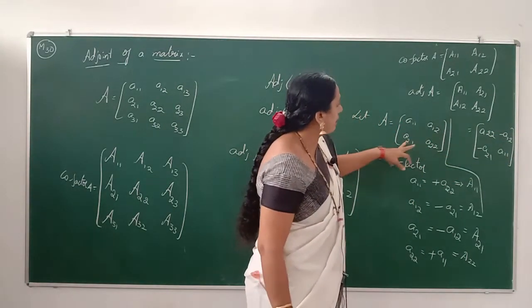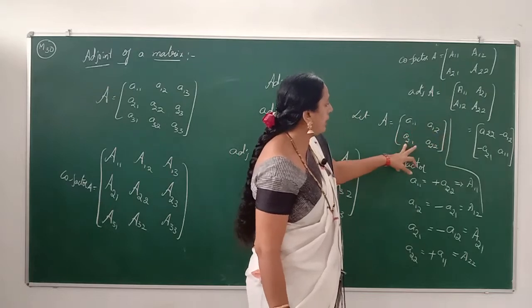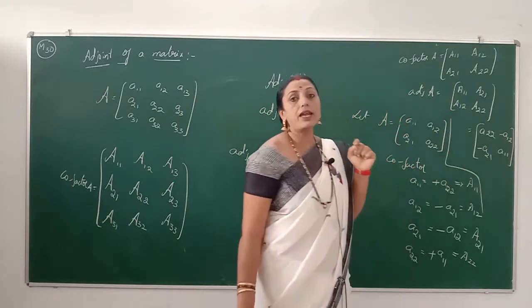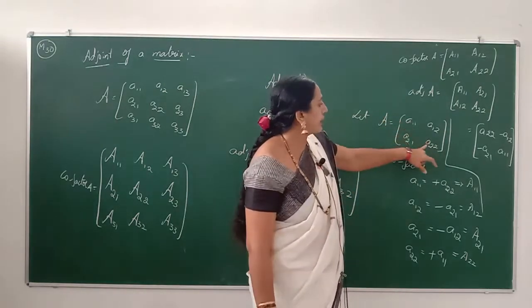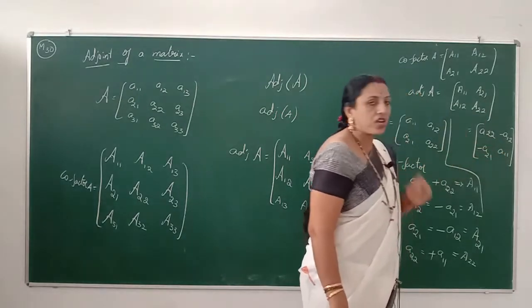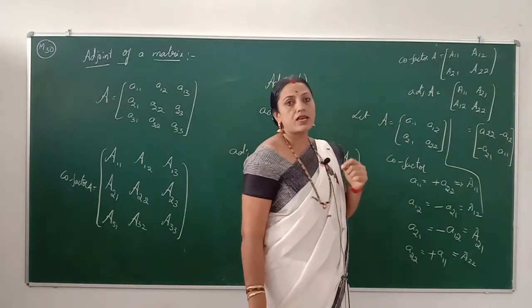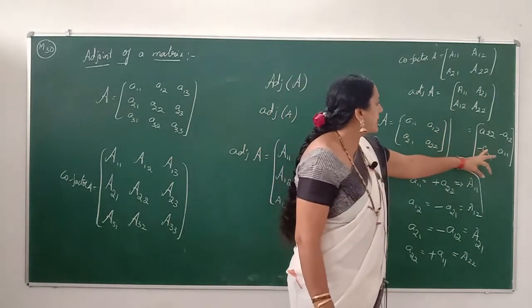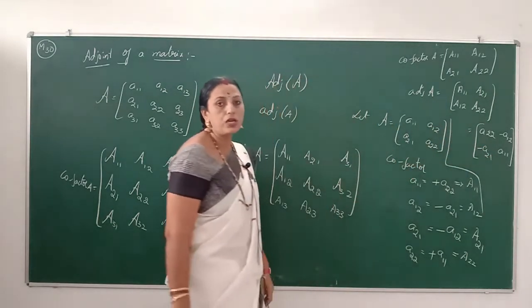Similarly, the right diagonal elements are A12, A21. These differ only in their sign. So the left diagonal elements of the given 2 cross 2 matrix are interchanged, and the right diagonal elements just change their sign. That is called the adjoint of a 2 cross 2 matrix.